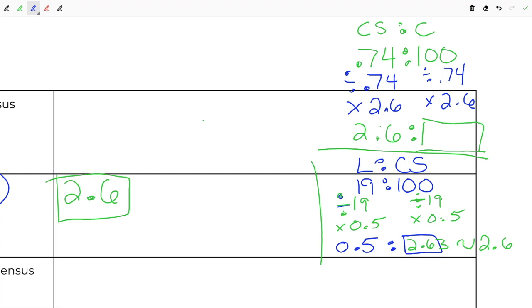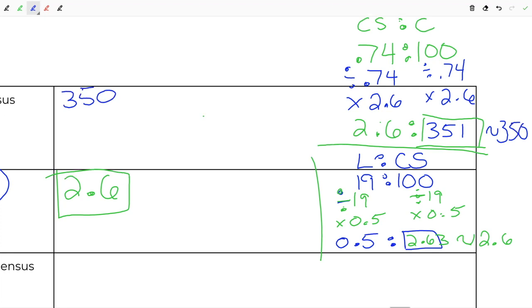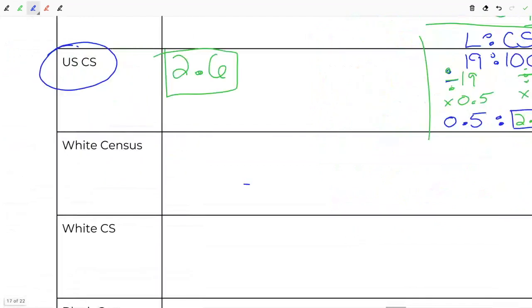And I get that there are 351 people on my lawn, but of course we need to account for significant figures, so that becomes 350. And now, just like before, we can use this information to fill out the rest of our information.